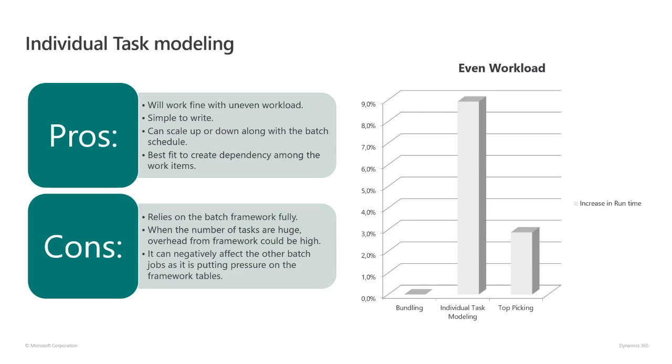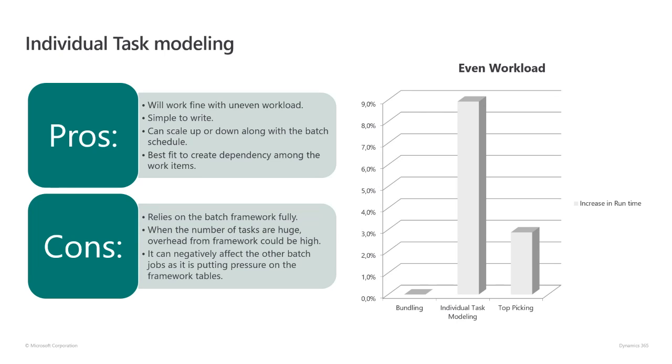So in individual task modeling, parallelism is achieved by creating a separate task for each work unit. So you will have a one-to-one mapping here between task and work item. And as the number of tasks is not fixed, it will scale up or scale down along with a batch schedule, either using yielding or extra resources here.